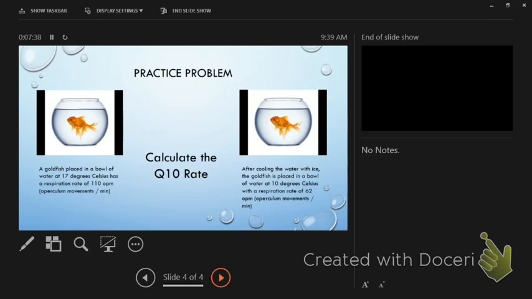It's hard for me to write on this little one. It's not showing.